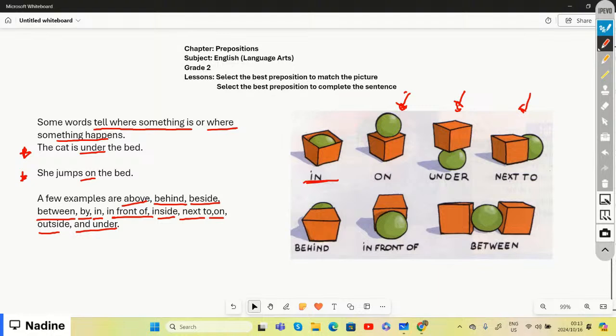All right. If we look at the next box, where is the green ball?